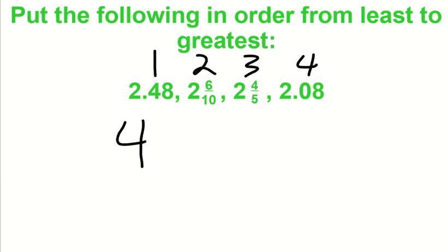So that's 4. Then 2.48, that's the 1. The 6/10, and the 4/5. So that's how you would type in an answer like that. Everybody kind of follow? Every so often they'll have a problem like that where it's like put them in order from least to greatest and they'll be assigned a number value and you have to put the number in as the answer. Okay? Just another weird way of doing something.